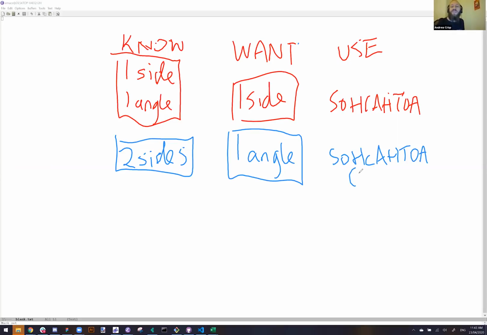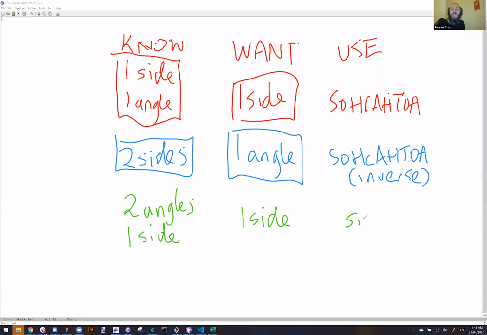And in this case, we're going to have to deal with the inverse function. But the cool thing about the sine rule is that if we have two angles and one side, we can find one side using the sine rule.